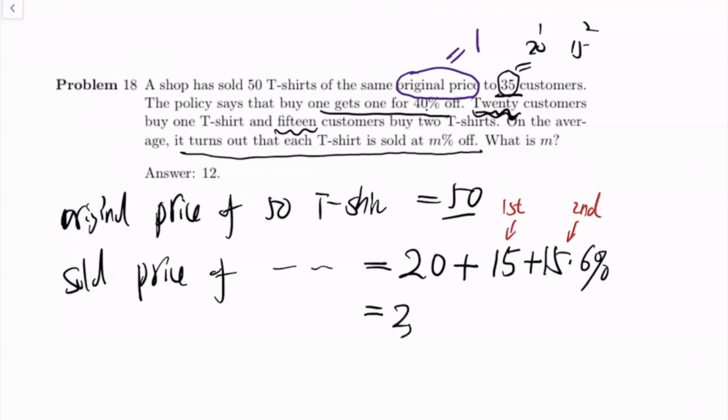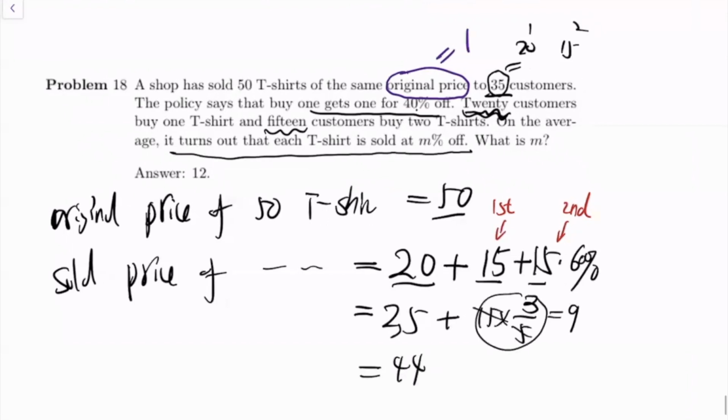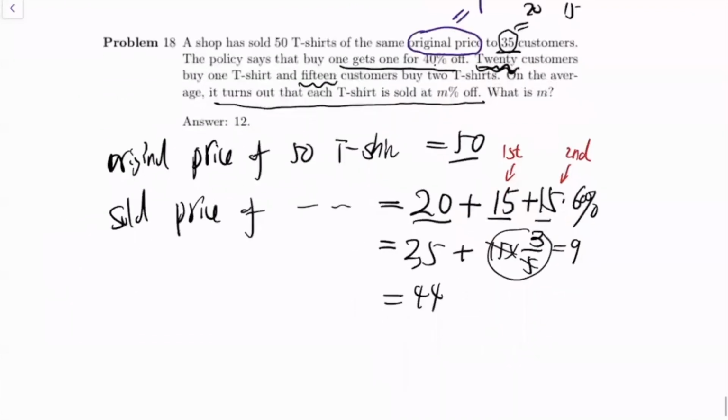Okay, let's see what we get. So this will be 20 plus 15 times 60%, right? Which is 20 plus 9, so you get 44. Right, so the sold price is 44, okay?